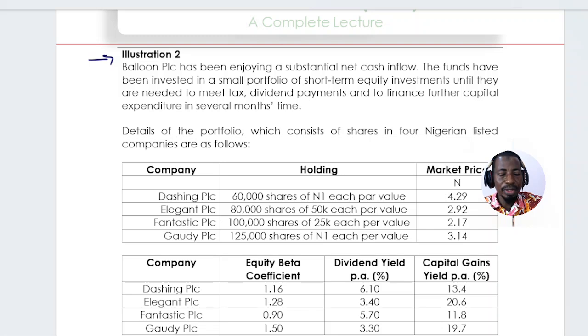The funds have been invested in a small portfolio of short-term equity investments until they are needed to meet tax, dividend payments, and to finance further capital expenditure in several months' time. Details of the portfolio, which consists of shares in 4 Nigerian listed companies, are as follows.